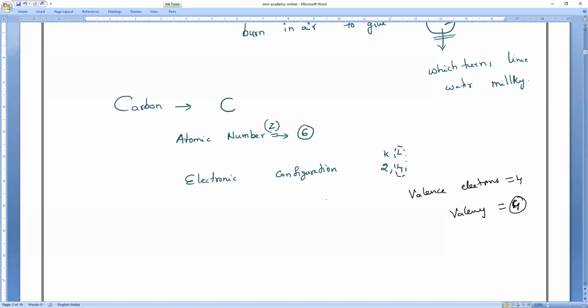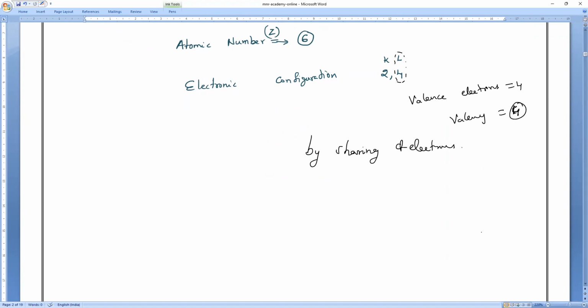Carbon cannot donate or accept electrons. That is why it achieves the nearest inert gas electron arrangement only by sharing of electrons. That is the reason carbon always forms what bonds?